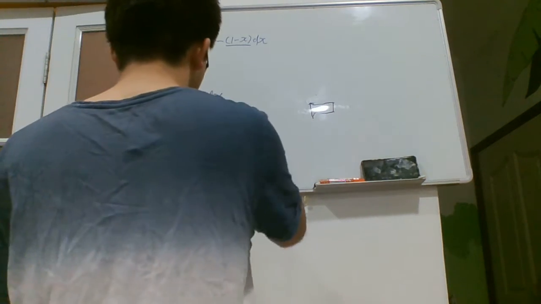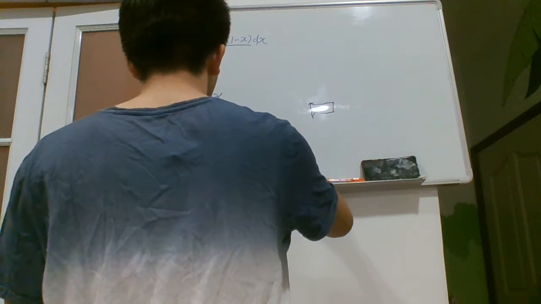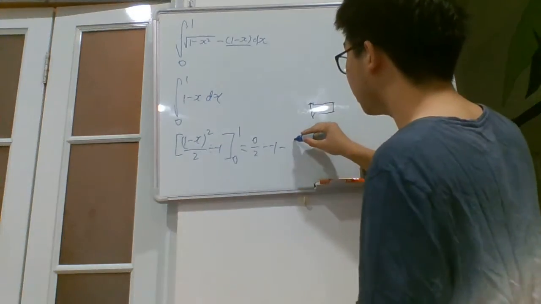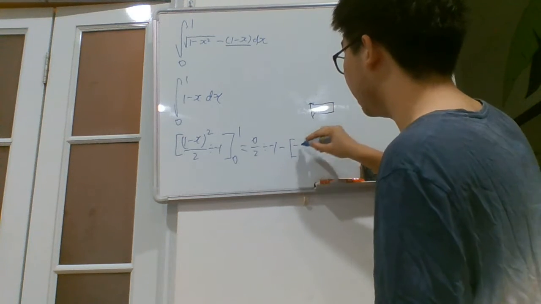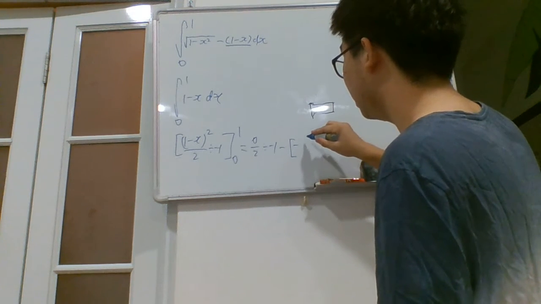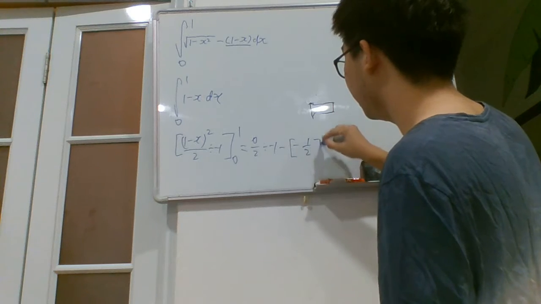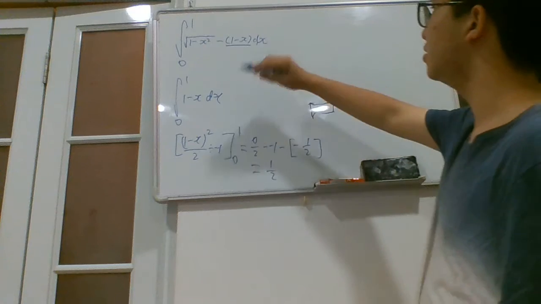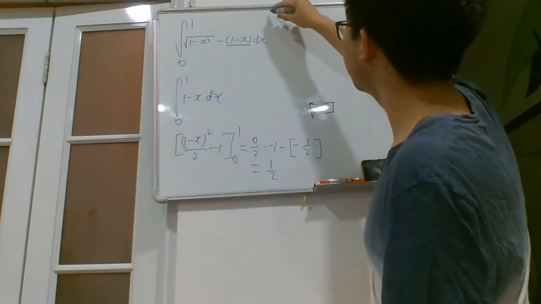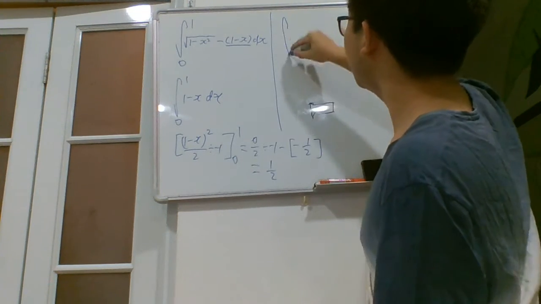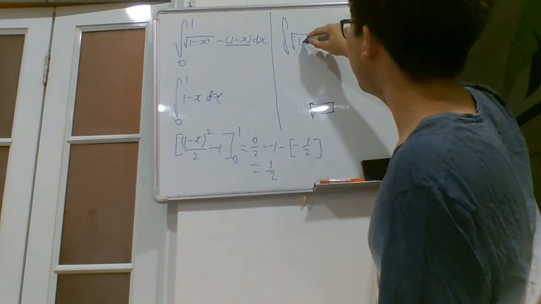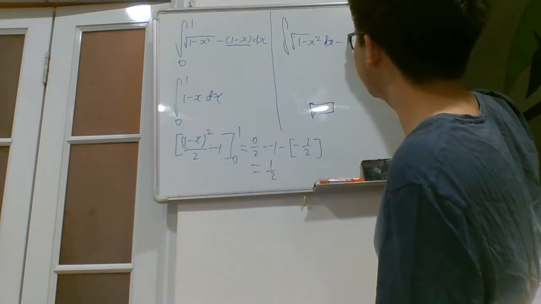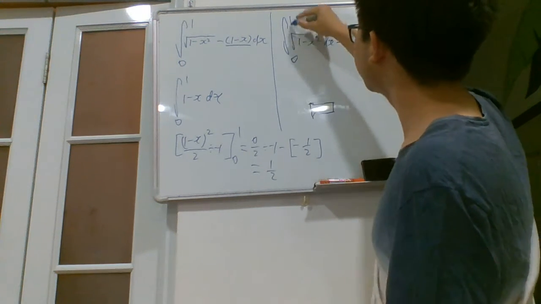This will evaluate to 0 over 2 divided by negative 1 minus 1 over 2, which will give you plus half. So if you resubstitute it into here, it will be the integral of square root 1 minus x squared dx minus half from 0 to 1.